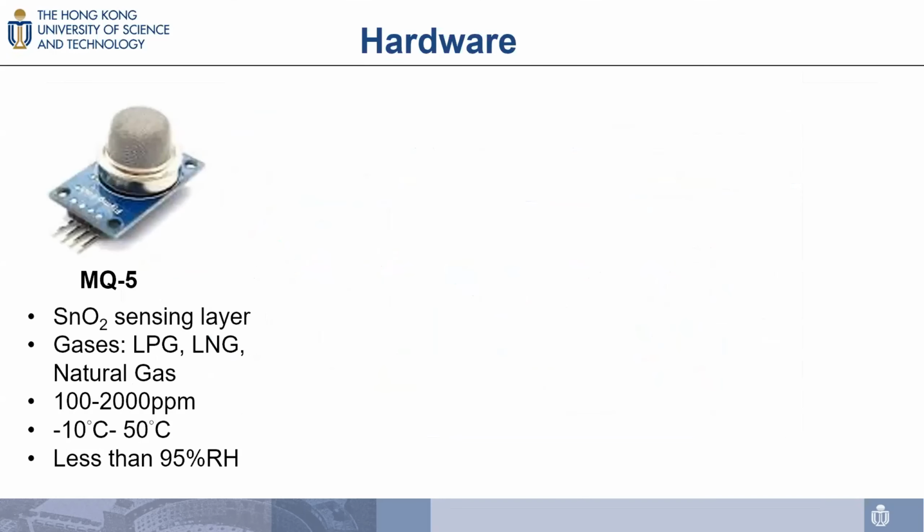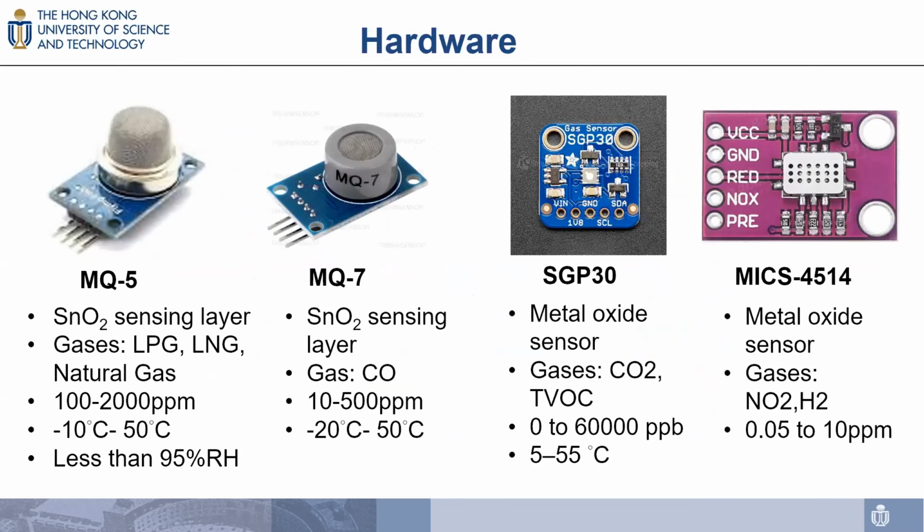So here I talk about the gas sensors that we use. We have the XQ5, XQ7, XQ30, and 4514. The XQ5 uses tin oxide as the sensor layer, and it senses natural gas, with measurements in the concentration range from 100 to 2,000 parts per million.